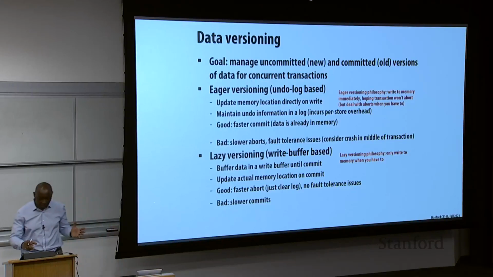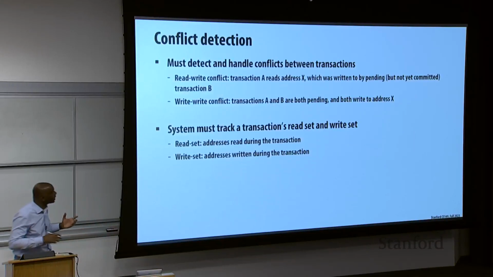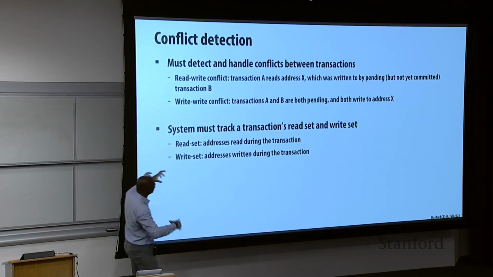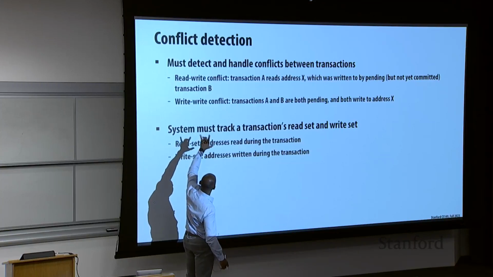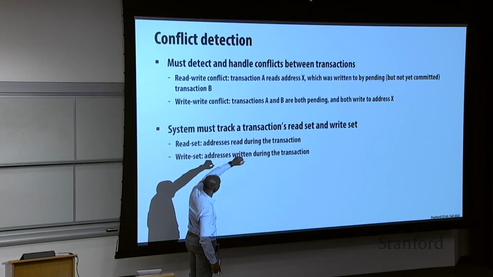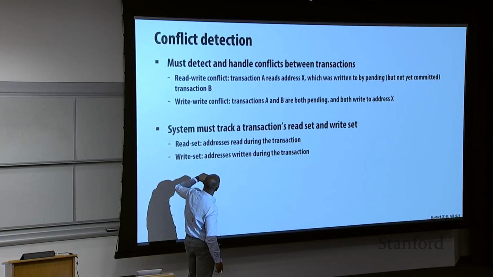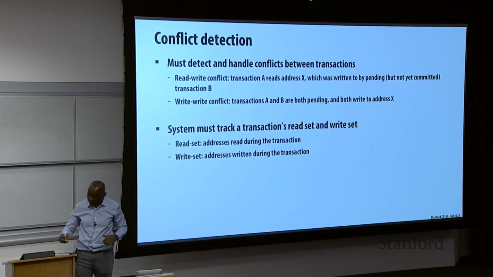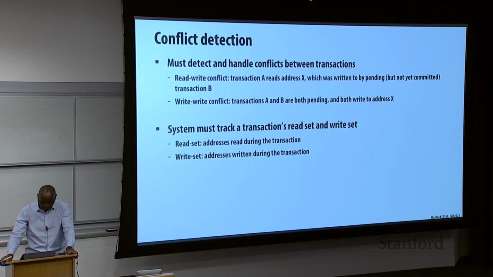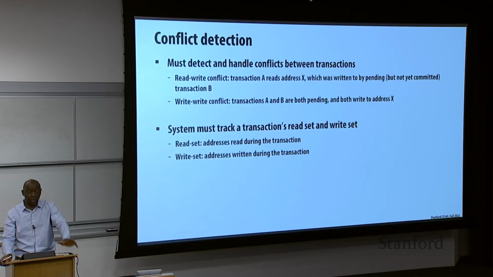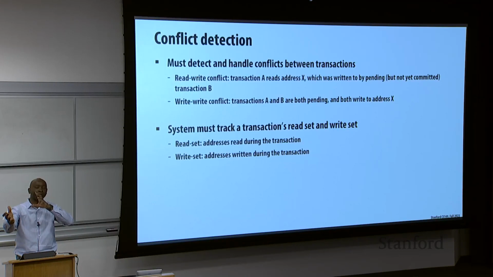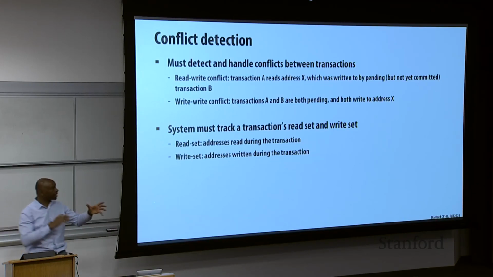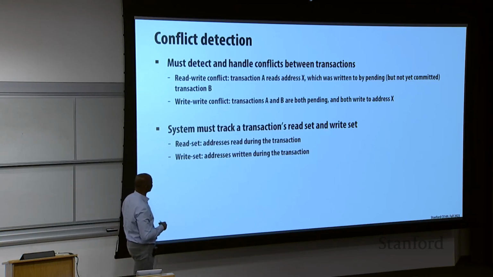All right, conflict detection. We need to detect conflicts, either read-write conflicts or write-write conflicts. Essentially, you've got two transactions, A and B, and there's a conflict either because one transaction wrote an address and another transaction read that address, or both transactions want to write the same address.